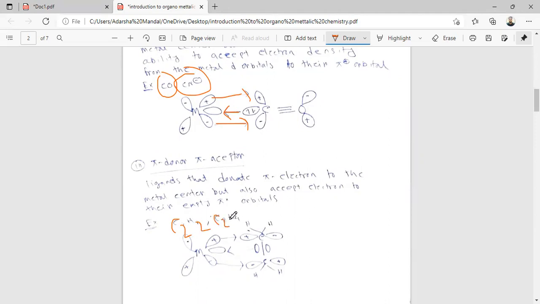So this is the electronic diagram of this pi donor pi acceptor ligand, the ethylene molecule. Ethylene has a carbon-carbon bond, so it will donate this pi electron to the metal center. It donates the pi electron to the vacant d orbital of the metal, and also it will accept electrons into the vacant pi star orbital of this molecule.